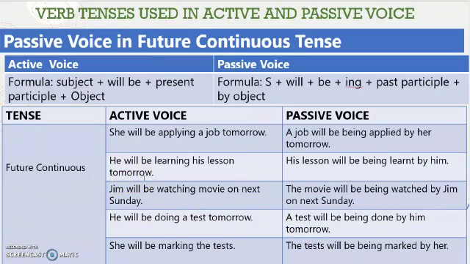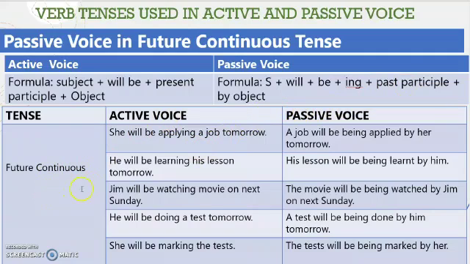Here we have passive voice in future continuous tense. The formula in active voice is the subject plus will be plus present participle plus object. And the formula with passive voice is subject plus will plus be plus being plus past participle plus by object.